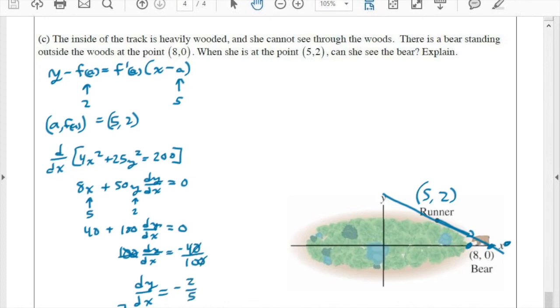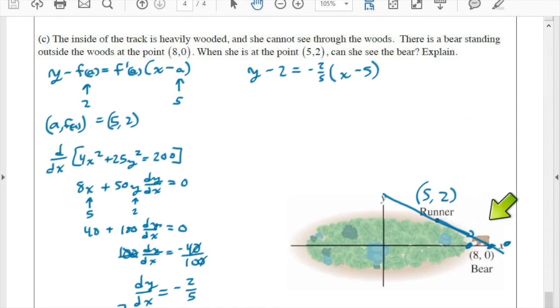So let's plug that in. We have y minus 2 equals negative 2 over 5, times x minus 5. This equation defines the tangent line.